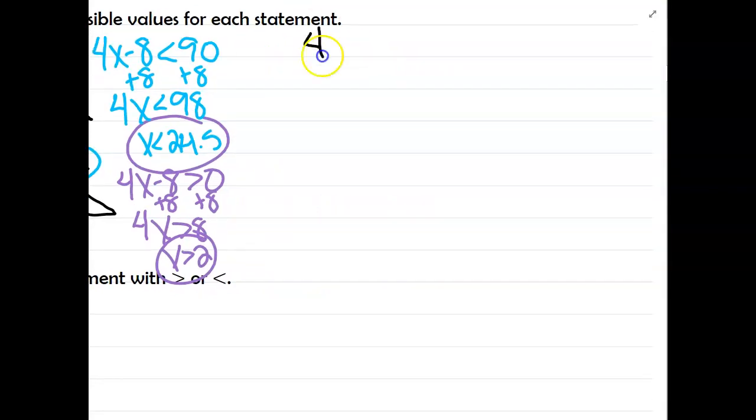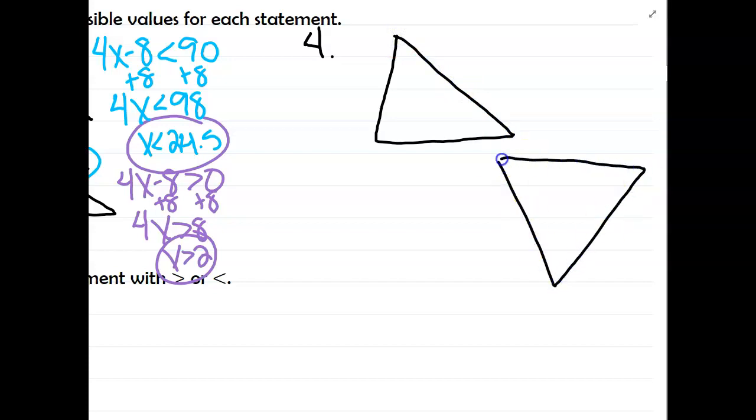Okay, number 4. All right, we're going to have this little triangle here. And then this left-hand side, let's make that congruent to the left-hand side down here.